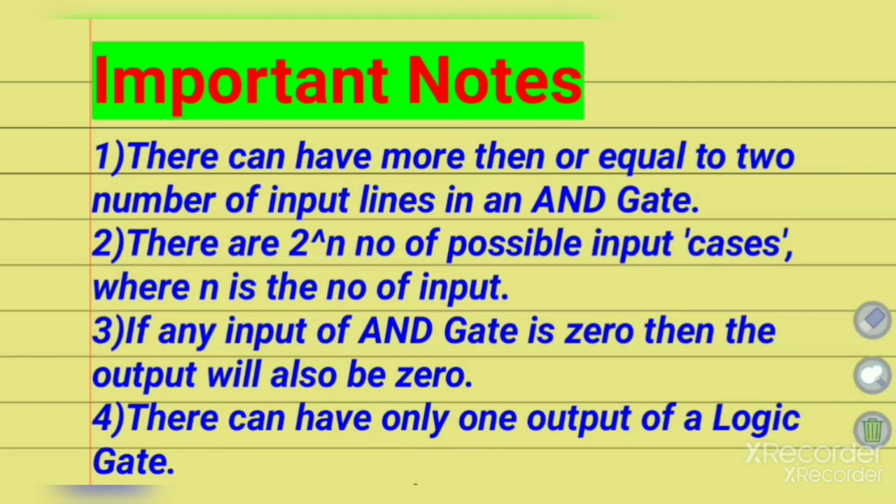Second one is, there are 2 to the power n possible input cases, where n is the number of inputs. Third one is, if any input of an AND gate is 0, then the output will also be 0. And the fourth and last one is, there can be only one output of a logic gate.